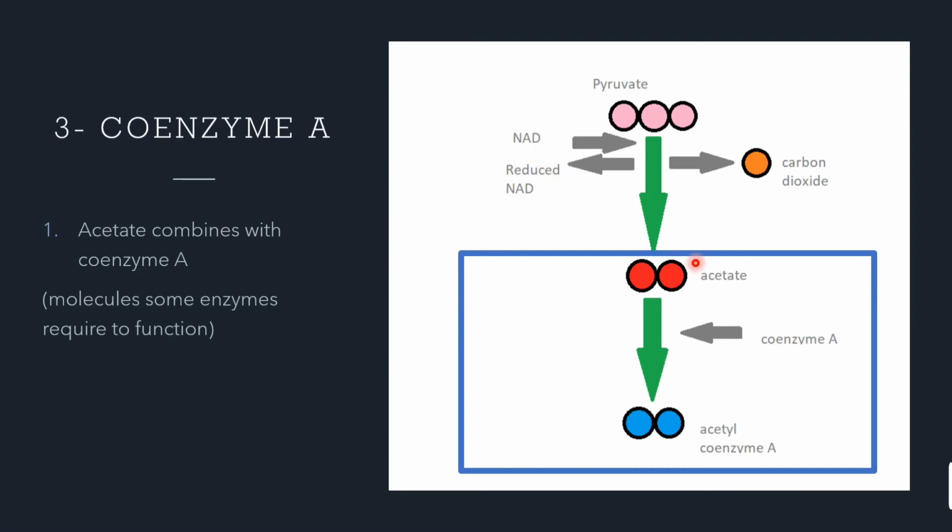But for this, our acetate combines with coenzyme A, and this combination forms acetyl coenzyme A. This is another 2-carbon compound, and this is our product from the link reaction. So our acetate and coenzyme A form our acetyl coenzyme A.